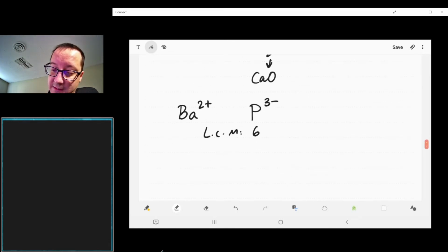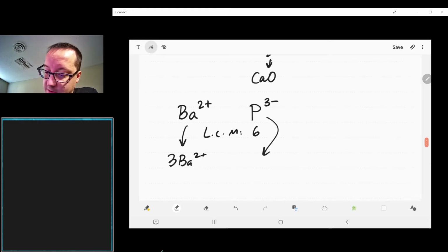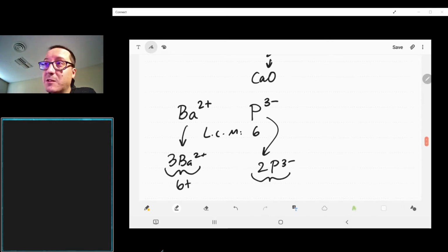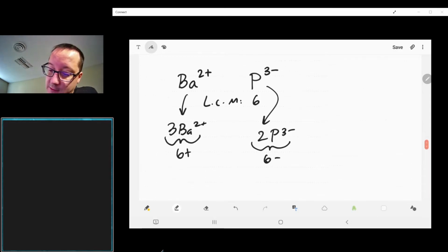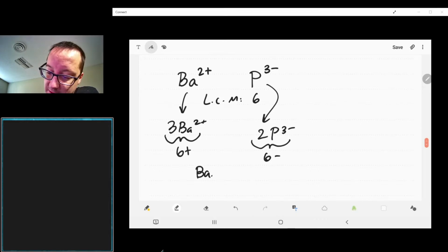So in order for barium to have a charge of 6, we need 3 bariums and 2 phosphoruses. Just so you can see here, we have 3 times 2 plus, that's 6 plus overall. And 2 times 3 minus is 6 minus. And so therefore we would just rewrite those as subscripts, like so.